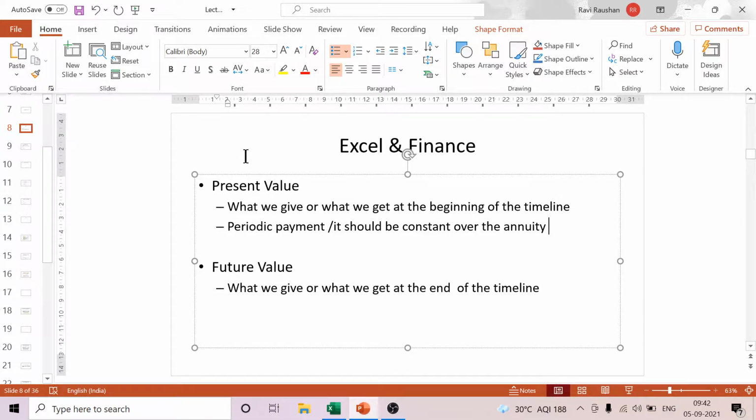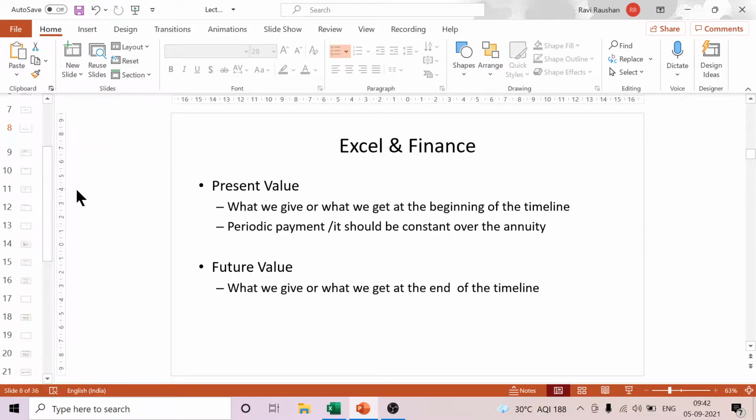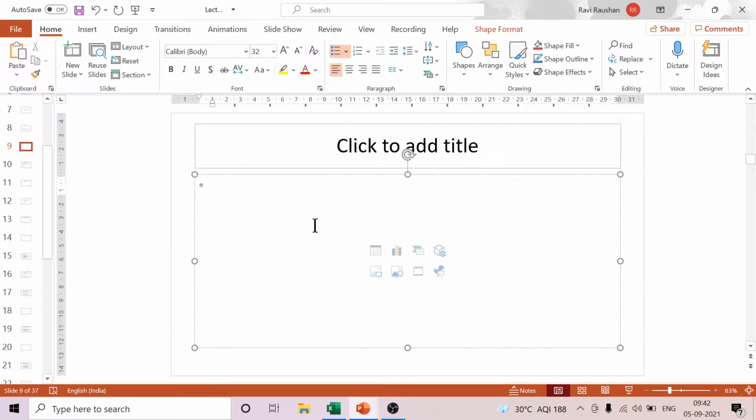Another factor that we need to consider whenever we are into Excel in finance, we call the compounding frequency. All right, because it is the compound interest that is governing the whole transaction or period. So you will have an annual rate of interest, and that is actually the base of everything.